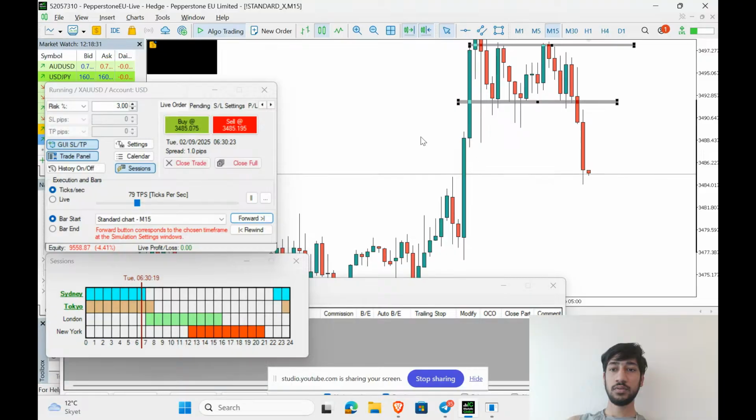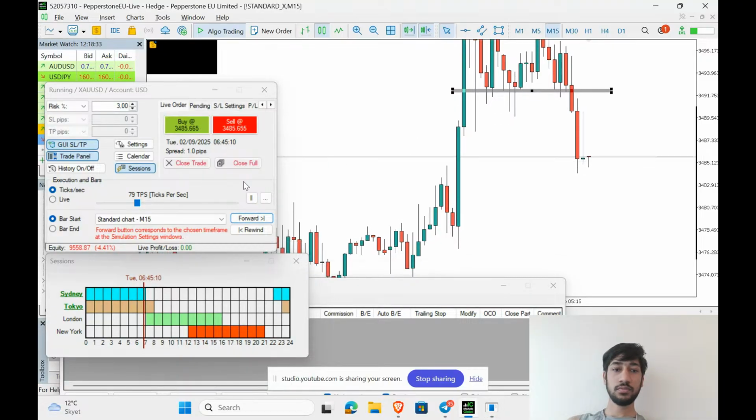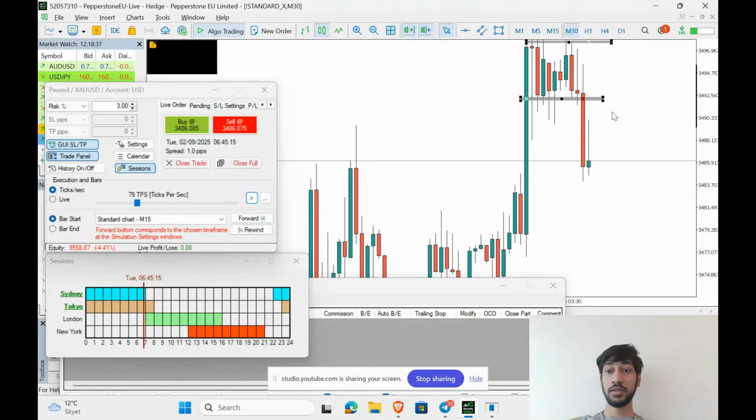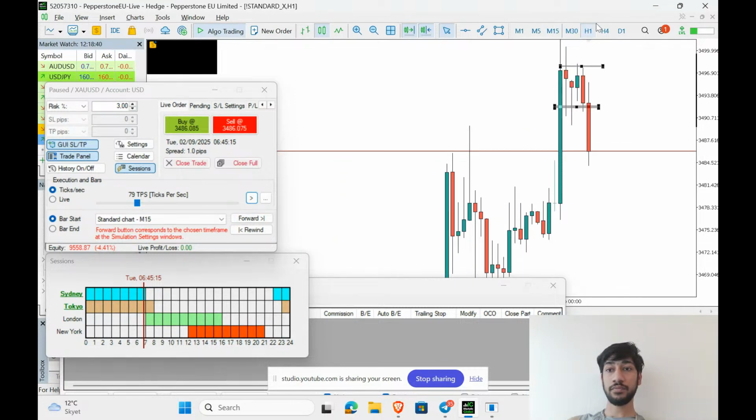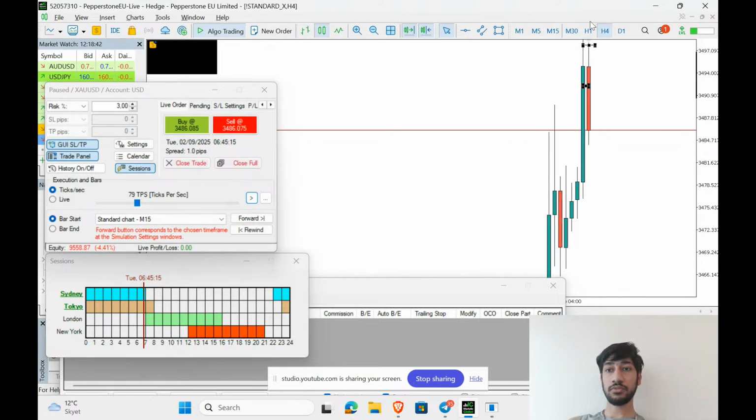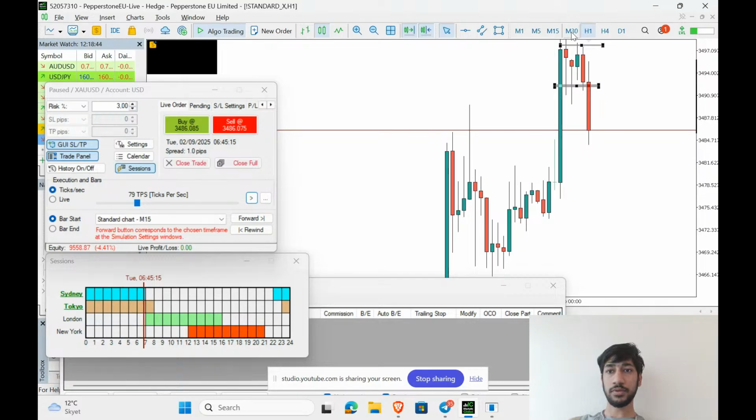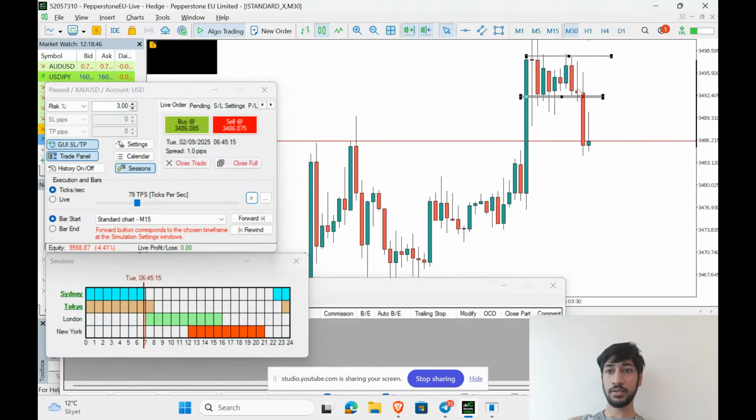Forward. You see, impulse in trend. H4 coming down, H1 we are moving down. M30 we just closed super bearish, so the next candle has high probability to wick up and break below the line, move down, because this candle is totally bearish.